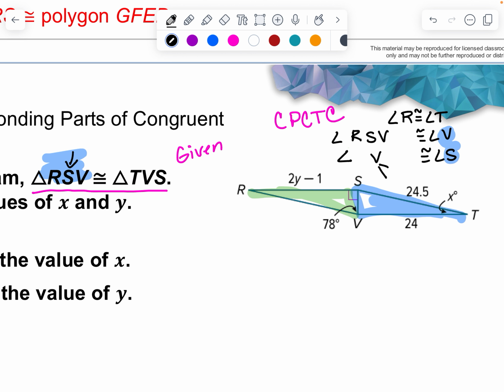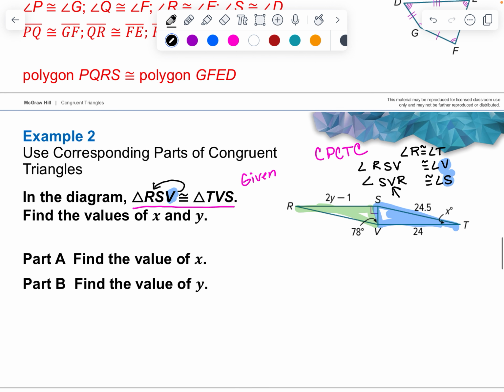And on either side of this V, now that's a little bit more tricky. Here's the V. Well, S is on this side. What would be here? Well, you'd have to wrap around to the front and it would be R. So that's your actual angle. So you'd get RSV and SVR. Okay, so anyhow, you can find all those pieces, the angles.